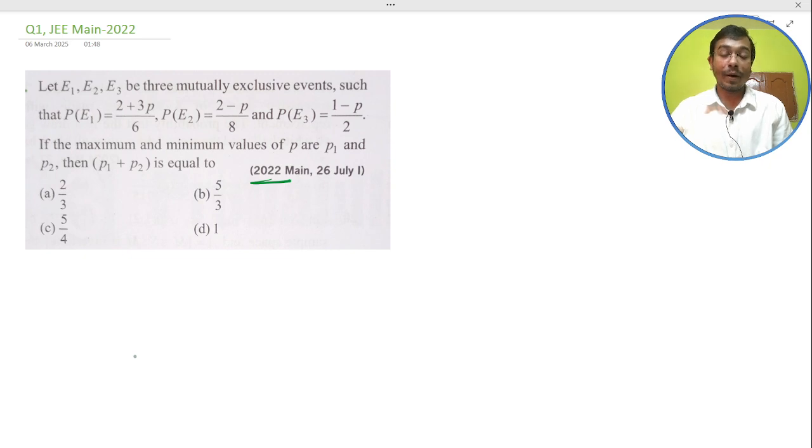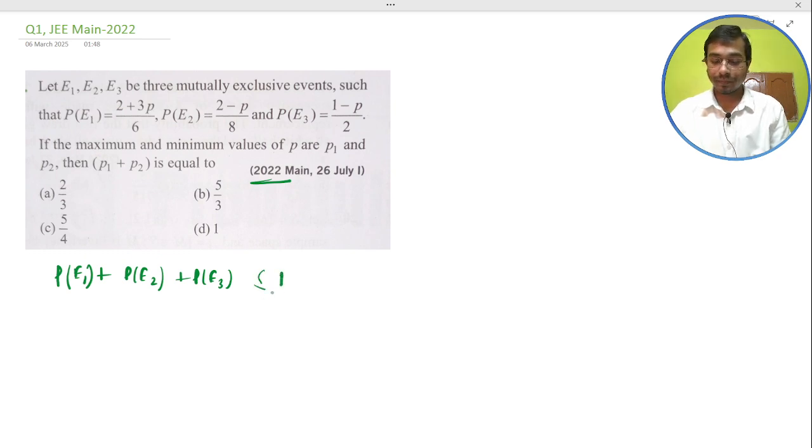By the elementary properties of probability, we know P of E1 plus P of E2 plus P of E3 is always less than or equal to 1.